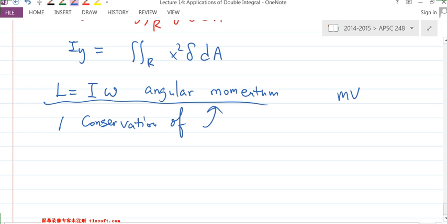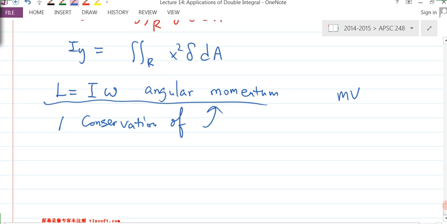Smaller. And they also don't do that when they're getting older, right? At 14, 15, they're at the best stage. Anyhow, that's one of the physical things that can be explained from moment of inertia.